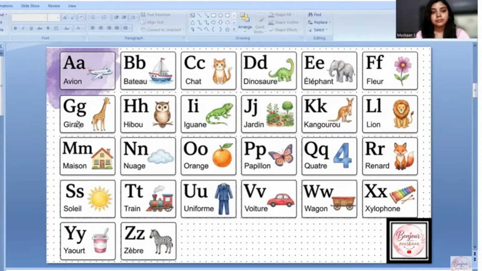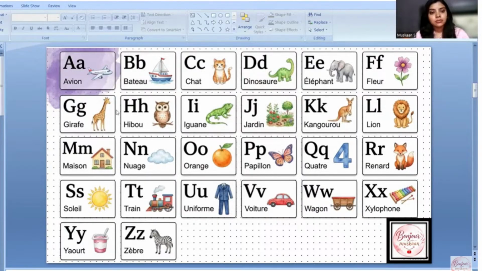Now we have done A, avion, B, bateau, C, chat, D, dinosaur, E, elephant, and F, fleur. I hope now you can understand how to pronounce these letters till F.